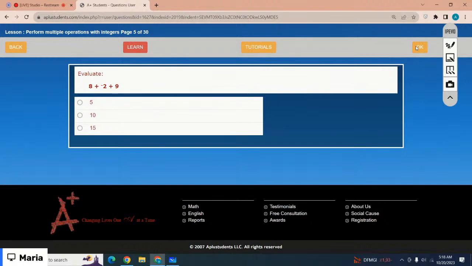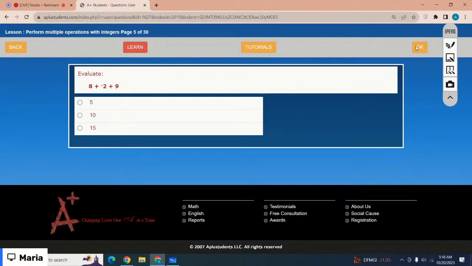Okay, 8 plus negative 2 plus 9. So which is the correct option? Adding a negative number is same as subtracting, right? 8 minus 2 is 6 and 6 plus 9 is 15.